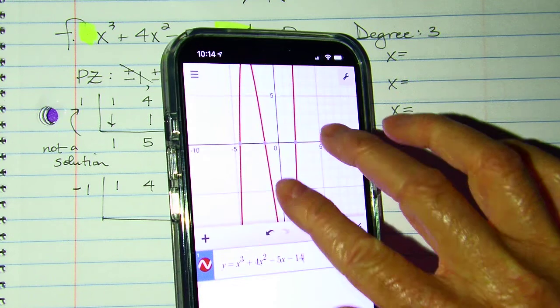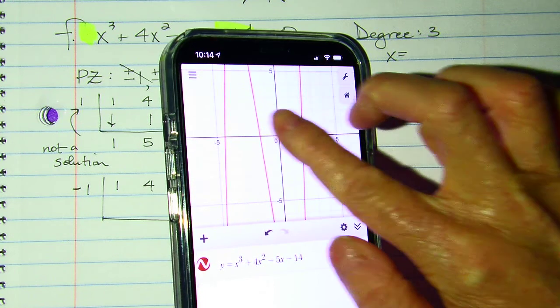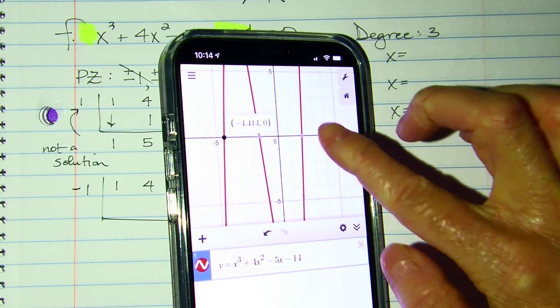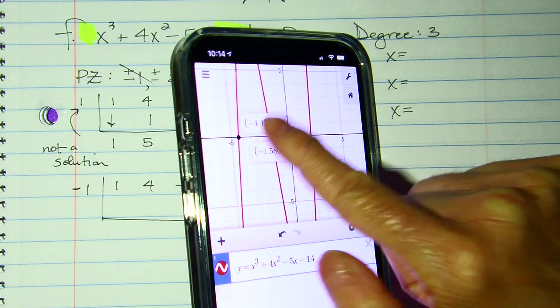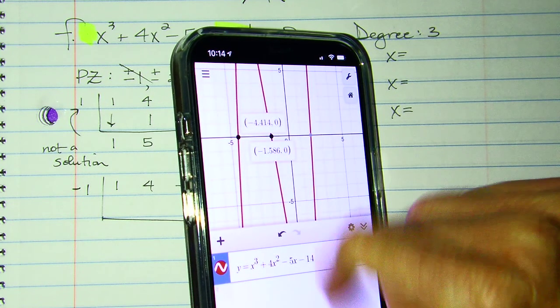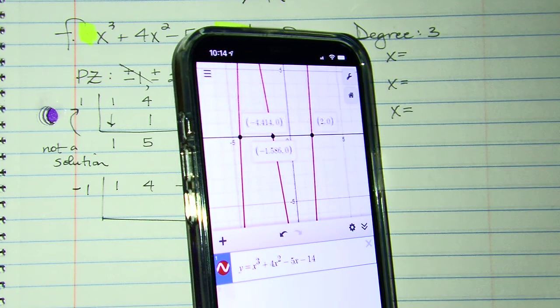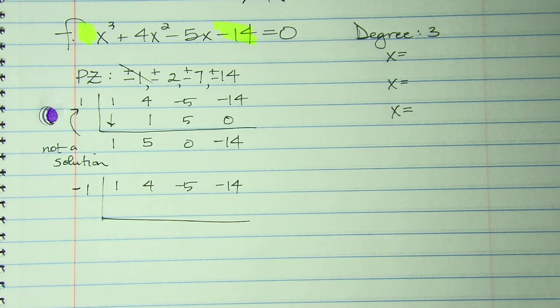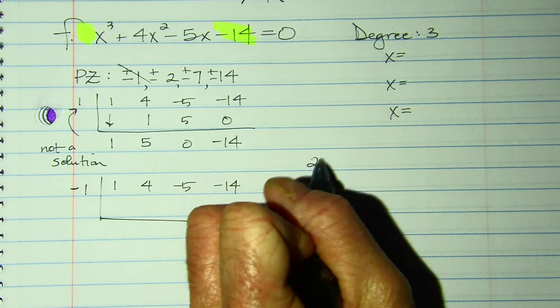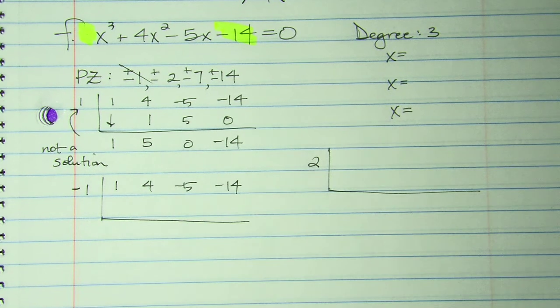I wish you guys were here, but these two are decimals. You could just write down negative 4.414. Click on this one, negative 1.586. Click on this one, 2, 0. Well, that's a nice number, 2. That tells you what to start your synthetic with. 2 is going to be the first one that works.